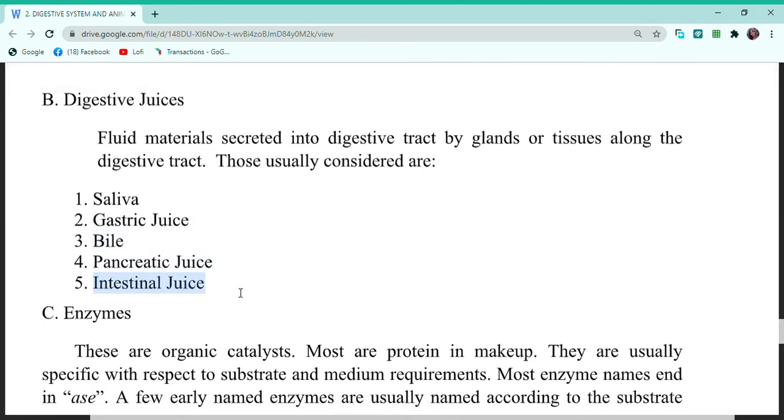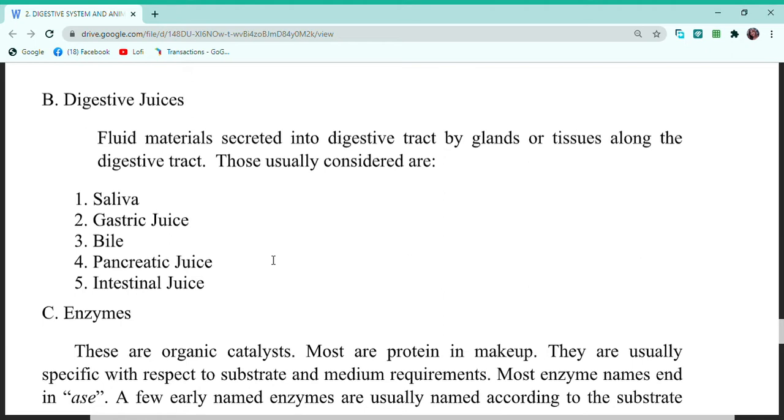So we have also the enzymes. So these are organic catalysts that are mostly protein. Yung mga enzymes, they are mostly proteins, and specific yung mga ina-actionan nila, specific yun.